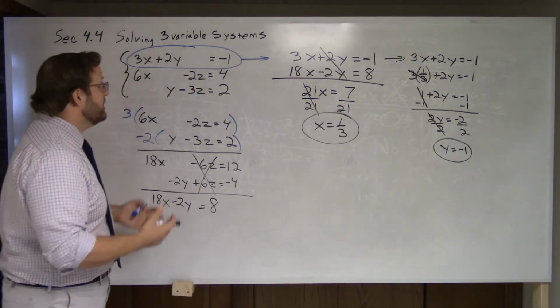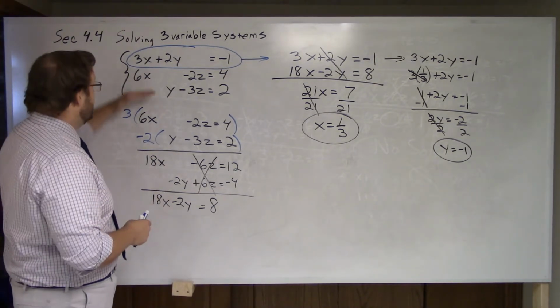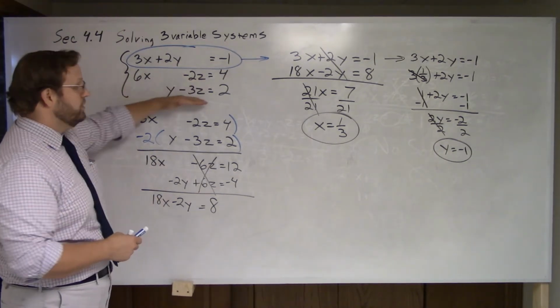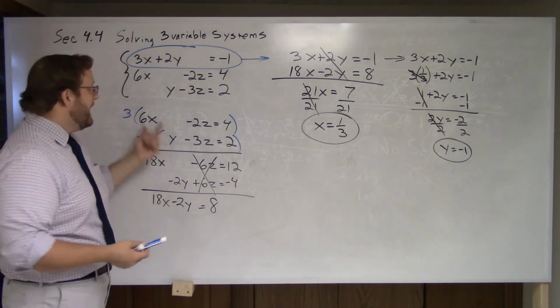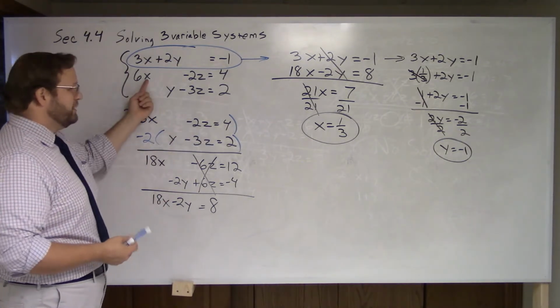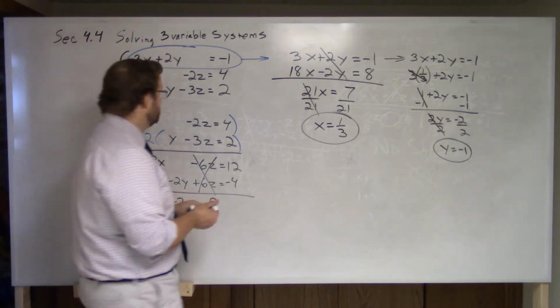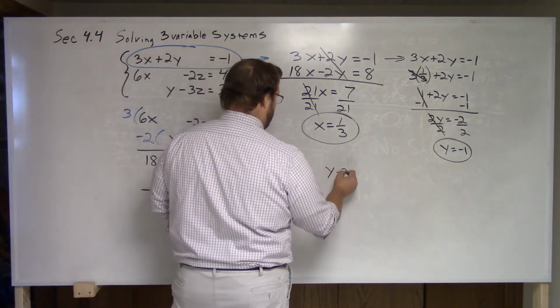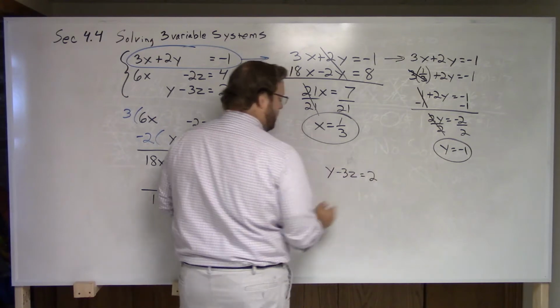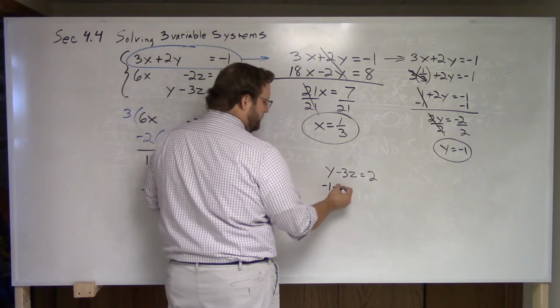You need to go somewhere where there's a z. So I can go here, or I can go here, whichever one you prefer. The fraction's going to go away pretty quickly, but I still have to work with a fraction if I use this. I'm going to go with this one. Y is negative 1.